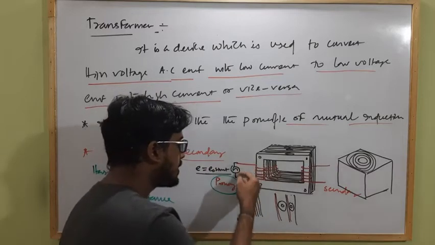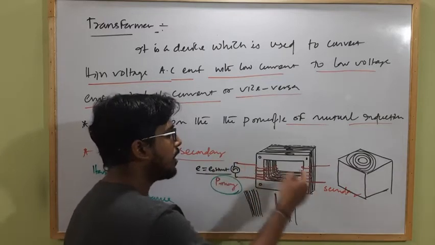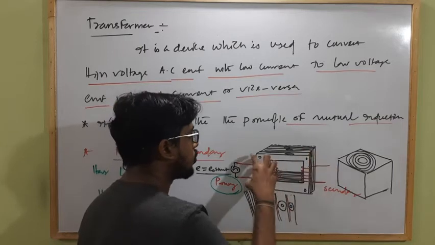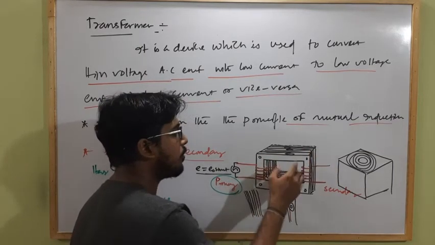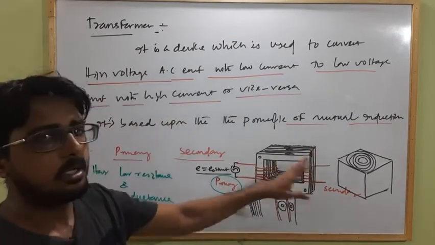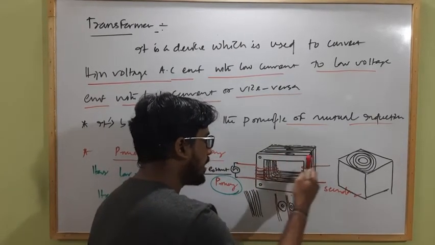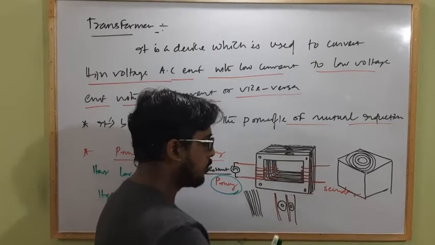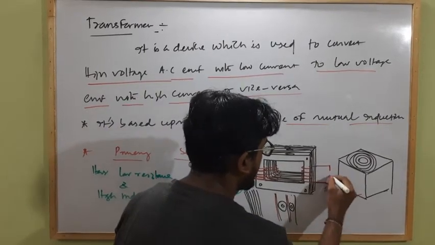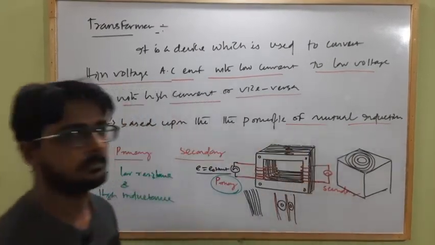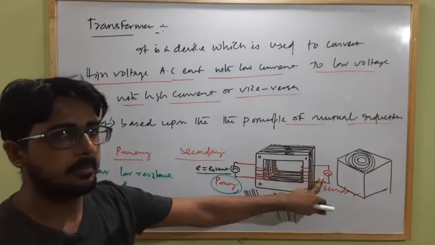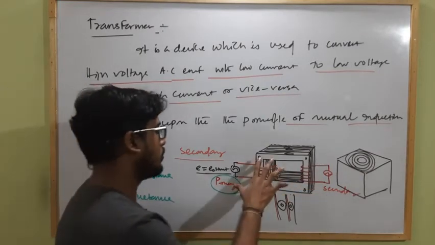So the total flux linked with the primary will be equal to the total flux linked with the secondary, and as mutual induction, due to the change in magnetic field, it will induce an EMF, due to which across this output we will get another alternating EMF. Clear? So this will be the working.